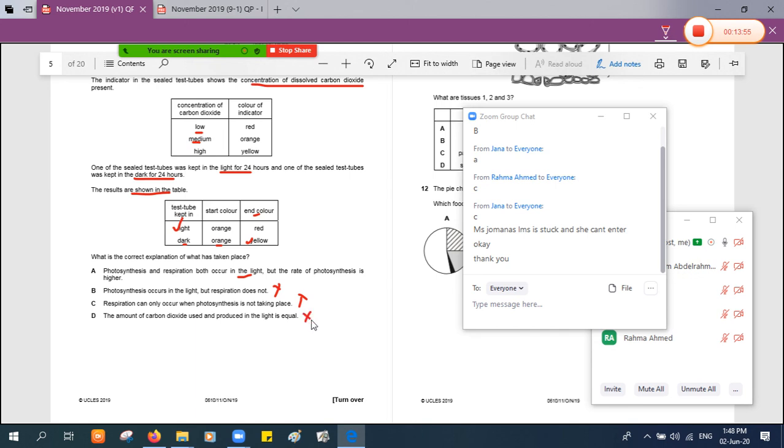No, it is not equal. So the right answer will be letter A. Did you get why? Because here photosynthesis and respiration both occur in the light, but the rate of photosynthesis, of course, is higher than that of the respiration. Okay, let's move to the next question.